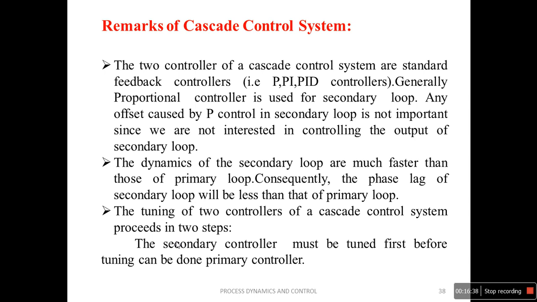That may be the open loop transient response method, the Ziegler-Nichols method, the Cohen-Coon method, or the frequency response method. The secondary controller must be tuned first before tuning the primary controller. That means first we tune the secondary controller. After that, we go for tuning of the primary controller using the resulting parameters.